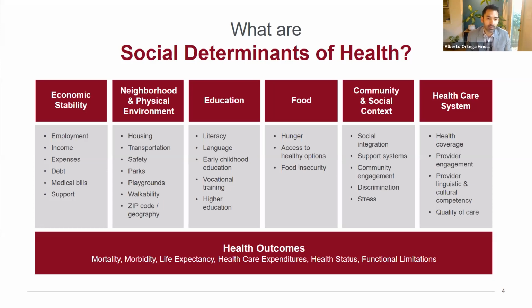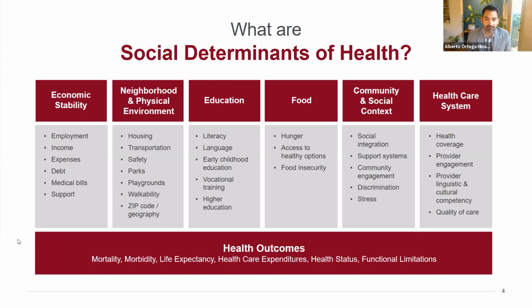And these are really important to understand because many of these are modifiable, and we as a society can implement programs and policies that target each of these, such as economic stability and neighborhood and physical environment, such as parks and walkability, access to food, access to healthcare coverage.